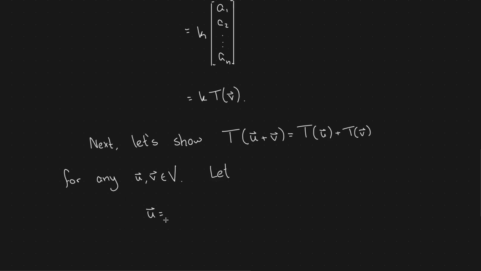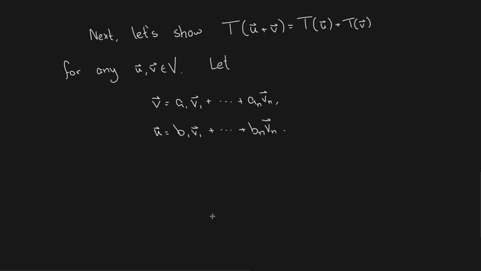Okay, so maybe I'll define v first, just to be consistent here. a1 v1 plus dot dot dot plus an vn. And let's let u be b1 v1 plus dot dot dot plus bn vn.